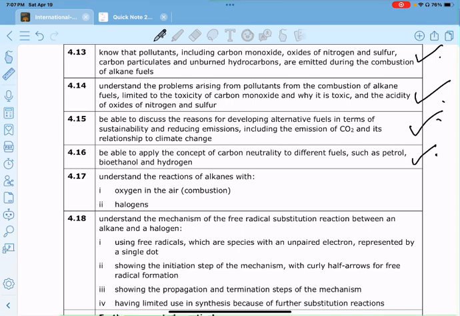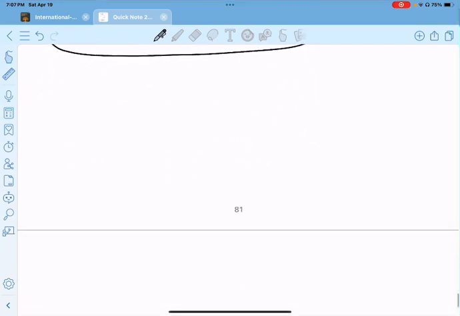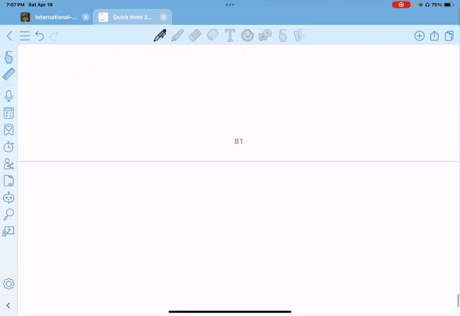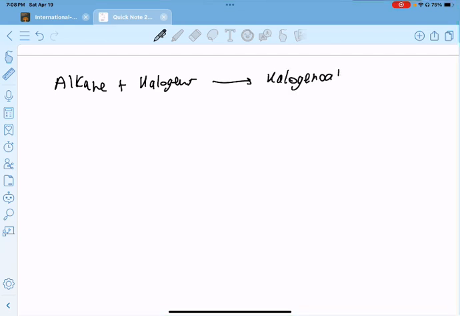Now, understanding the reactions of alkanes with oxygen in the air, we've done that. That is combustion of alkanes. With halogens, this is a slightly big topic, but it will cover both of these, okay? Alkanes react with halogens to produce halogenoalkanes. Alkane plus halogens gives you halogenoalkanes. Let's take an example.